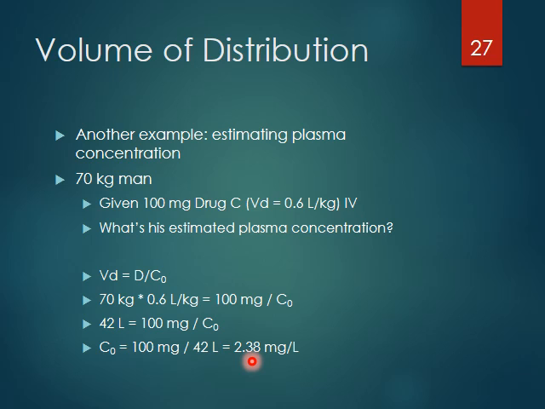Because as we saw previously, drug concentration is usually a surrogate for how much drug is going to actually be at the tissue, at the receptor site, to be physiologically active. So if my target concentration is between 2 and 3 milligrams per liter, I know that 100 milligrams would be an appropriate dose for this size patient, because I'll achieve a concentration between 2 and 3 milligrams per liter.